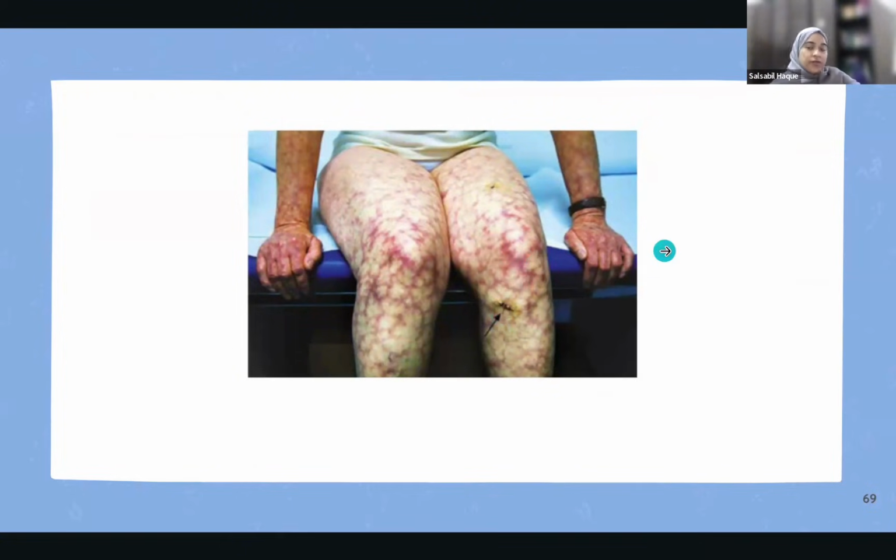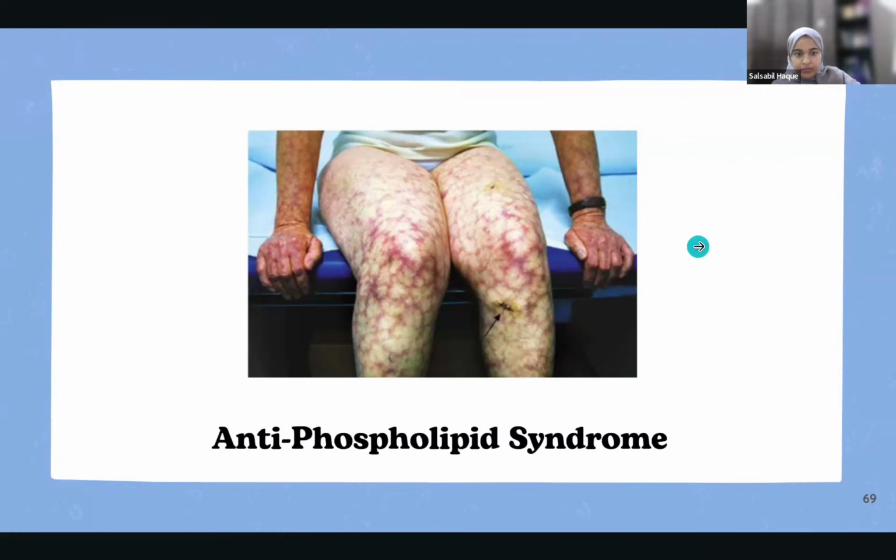Livedo reticularis is a very, very specific finding seen in the context of hematology in antiphospholipid syndrome. In antiphospholipid syndrome, remember, you'll see repeated first trimester abortions. Again, it's an autoimmune disease. You'll see livedo reticularis, and you can see thromboembolism, arterial or venous.